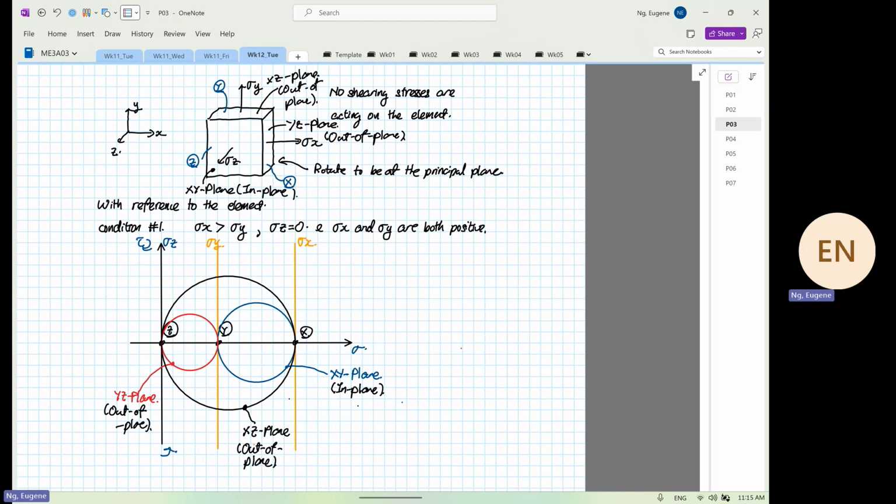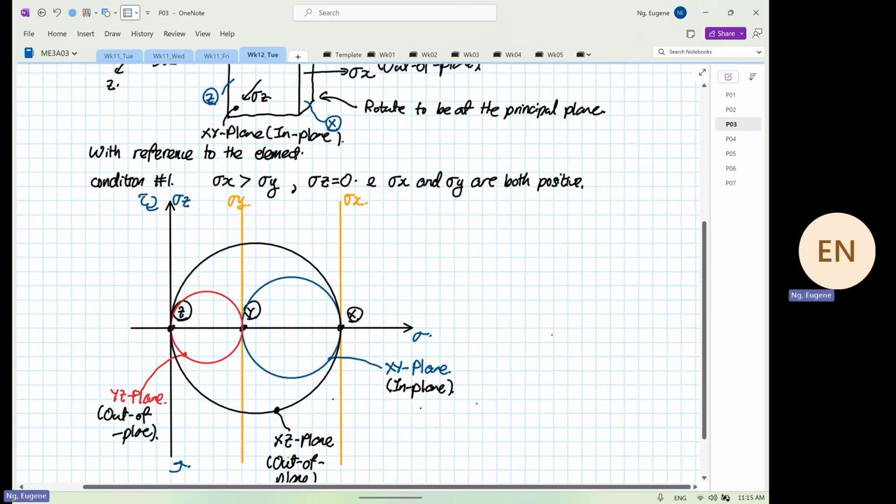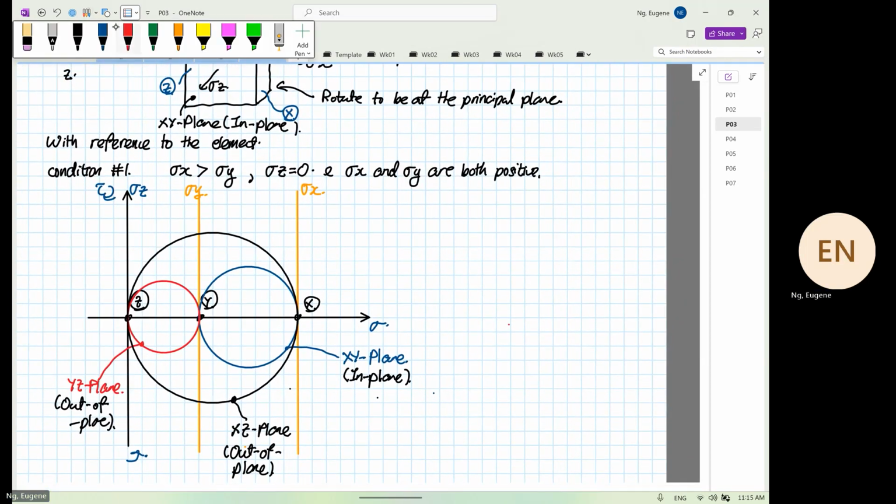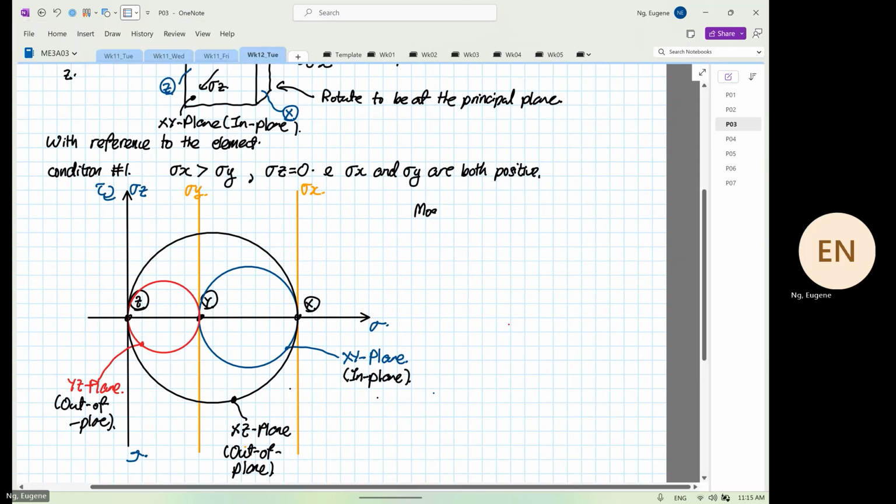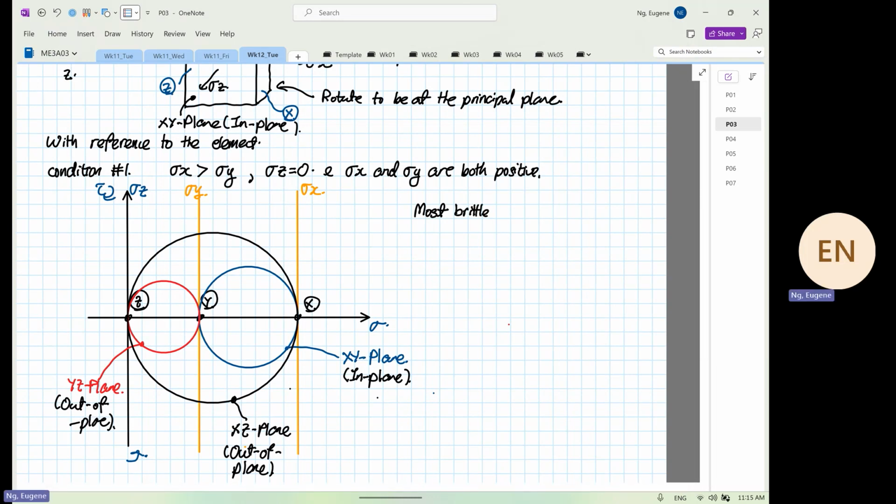Whenever any material fails, all material will fail in shear first. Most material, brittle and ductile, brittle cannot stand shear, will fail in shear first.